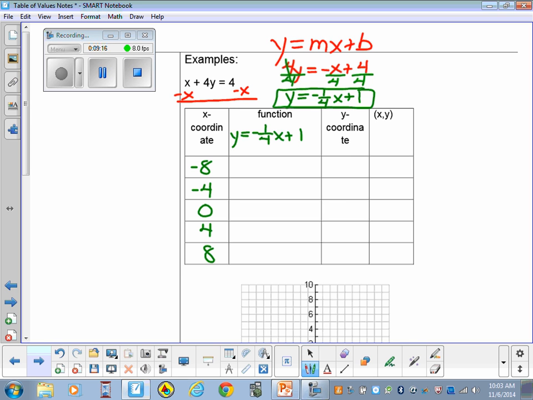So I get 0, 1; 4, 0; got an arrow down, 8, negative 1; got an arrow to get negative 4 for x, 2; negative 8, 3.